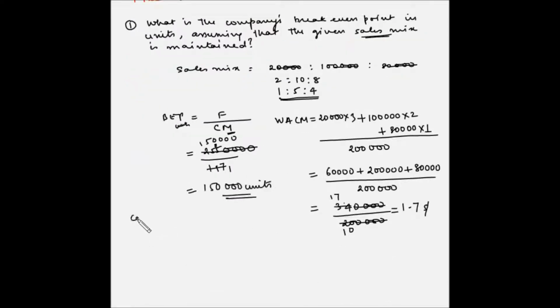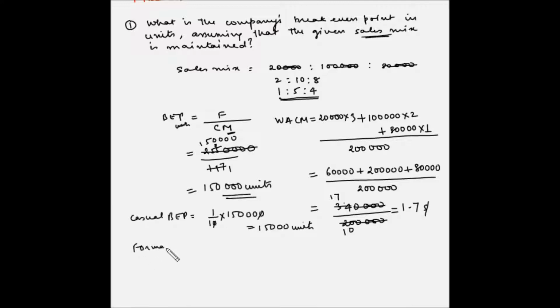So for casual, break-even point is equal to 1 divided by 10 multiplied by 150,000, which is equal to 15,000 units.